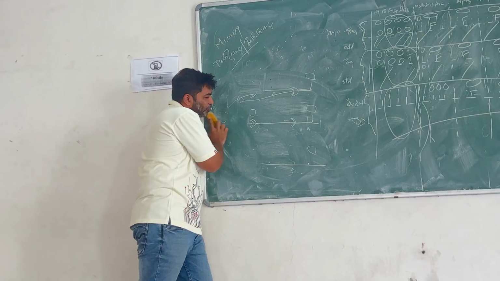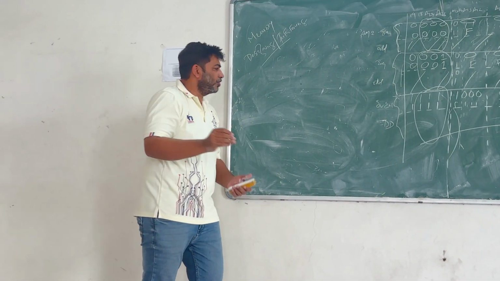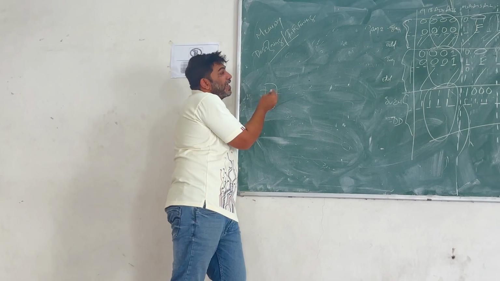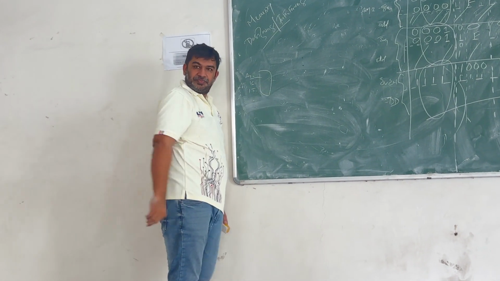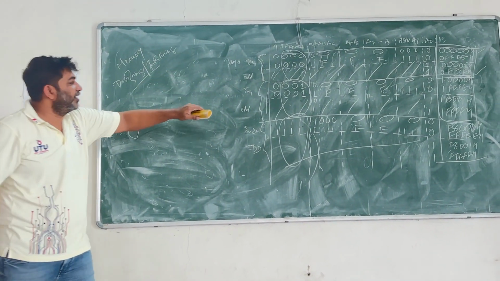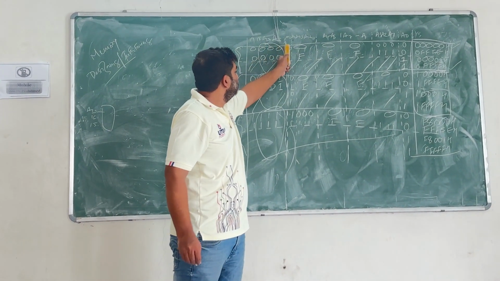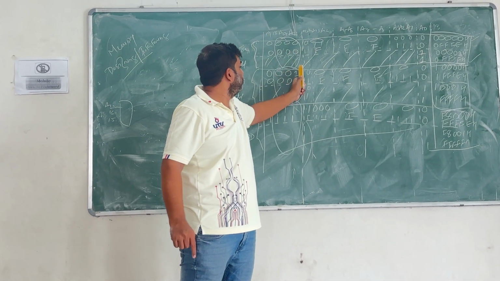Now there is one more option, but it is a little bit difficult. So just concentrate. In case you are directly using A17, 16 and 15: 0, 0, 0 and 0, 0, 1. Okay.